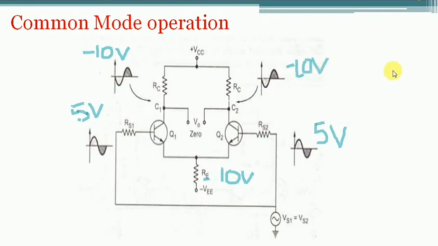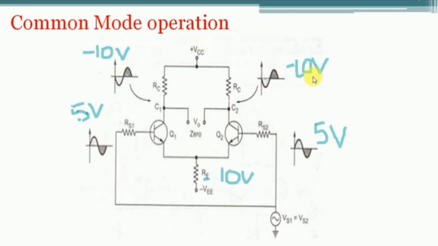If you find the output voltage difference across the collector terminals, then the output voltages across the collector terminals are equal and also in the same phase. Therefore, we are obtaining zero voltage. So V0 we can write as -10 minus of -10, which is equal to 0.